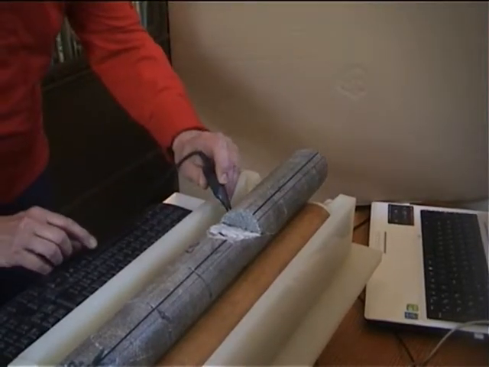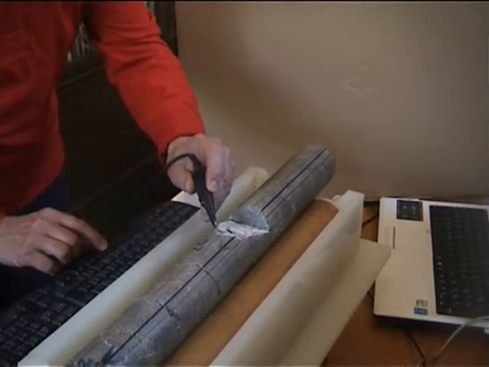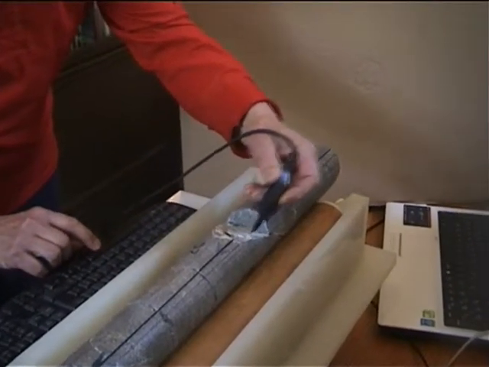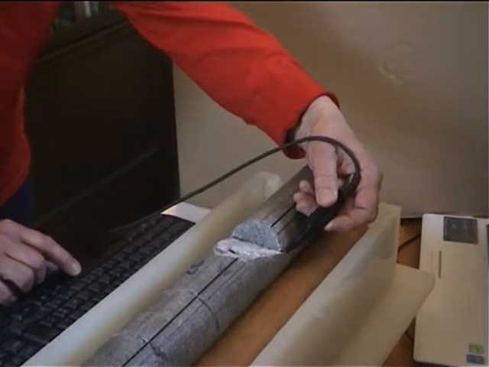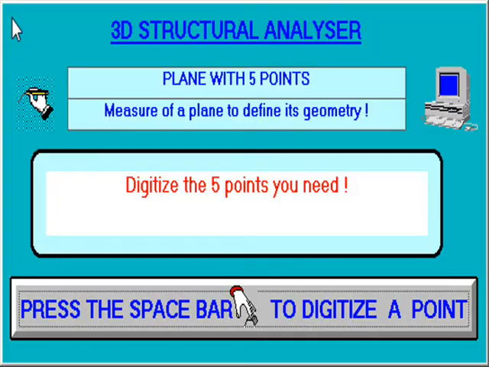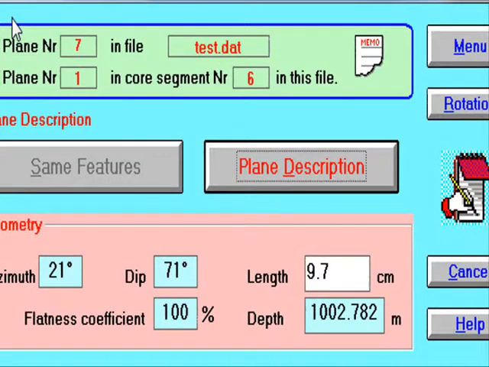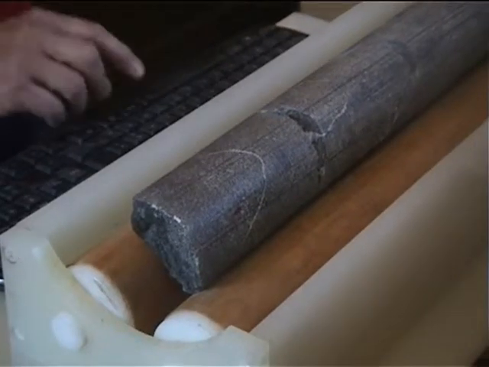Then we start using the stylus to digitize points on the fracture, like shown in this example. In fact, we will take 5 points on each plane, and with the 5 points we will calculate the orientation and obtain in the software the azimuth, the depth, the length, and the positioning depth of each plane.